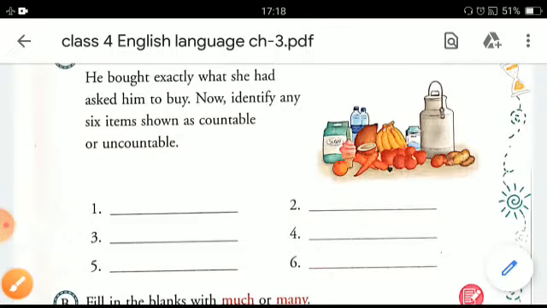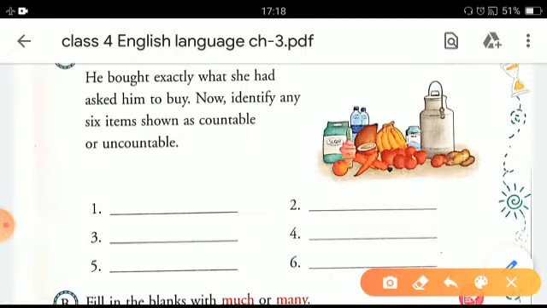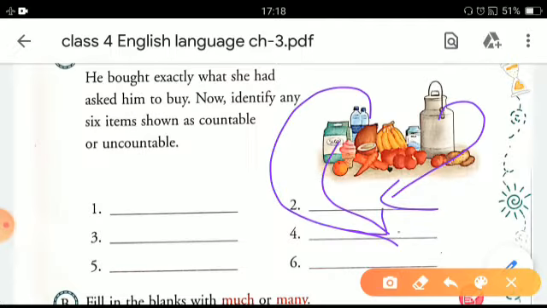And now uncountable nouns. First I'll write milk, then sugar, and then water. So I'll list them in these two categories, that is countable and uncountable.